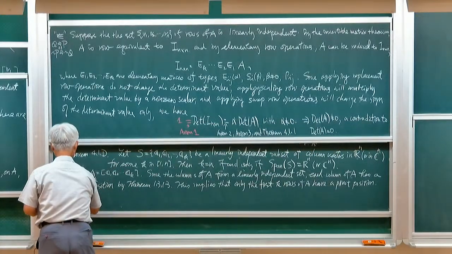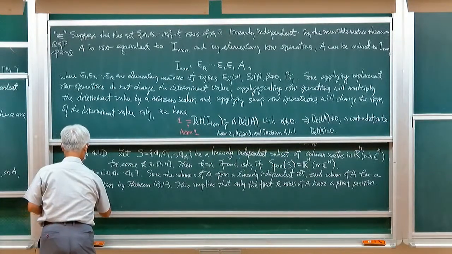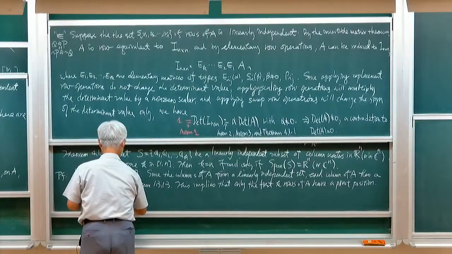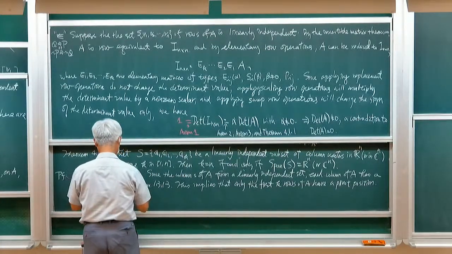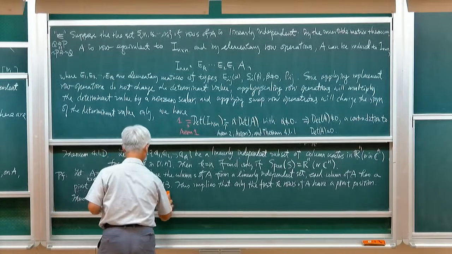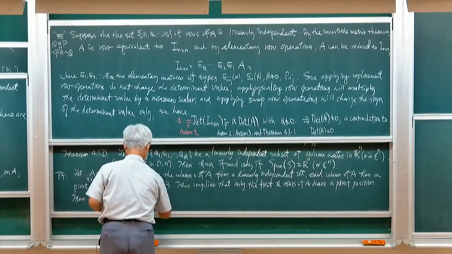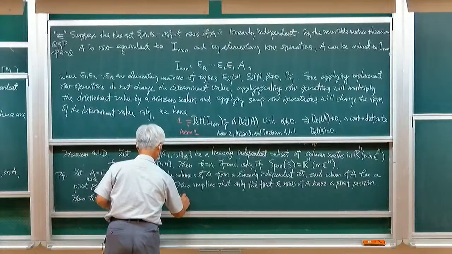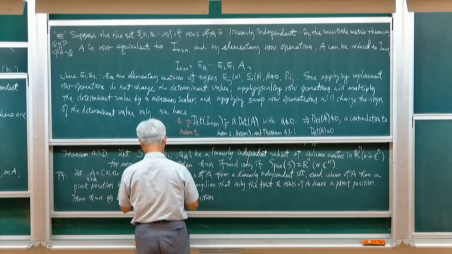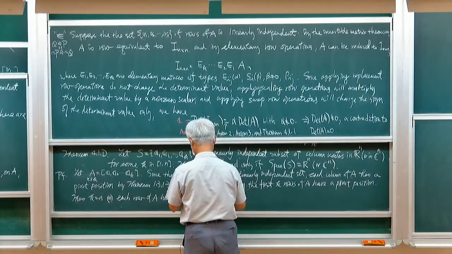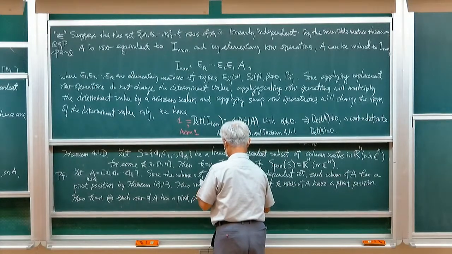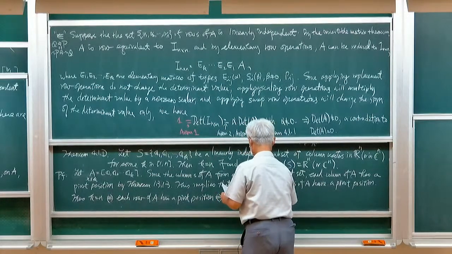So k equals n if and only if each row has a pivot position, if and only if the linear system is consistent.